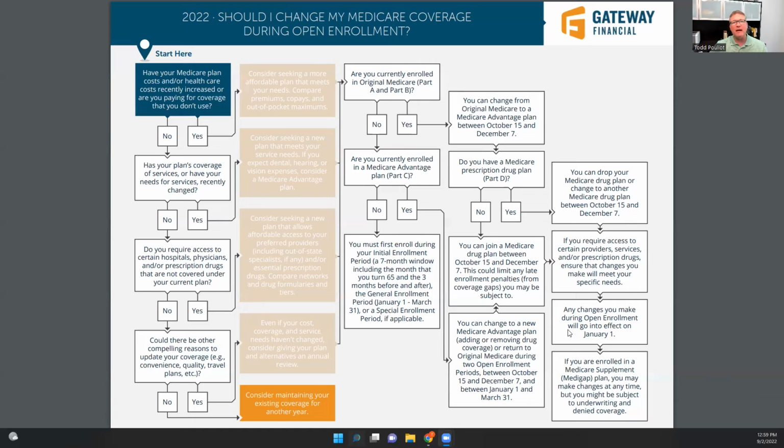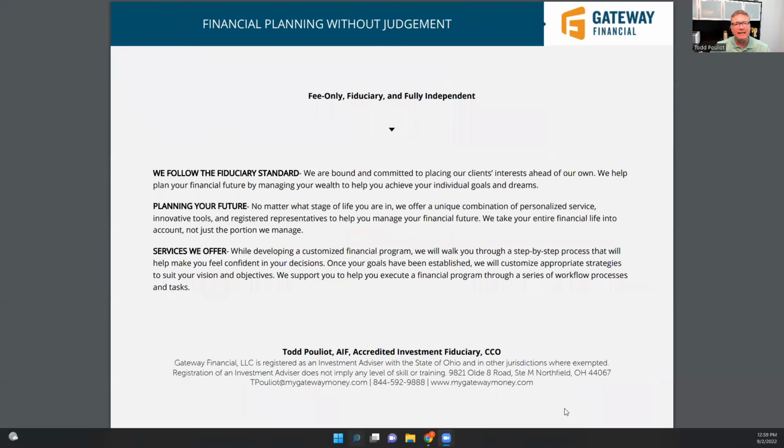Remember, those changes are made, that effect will be on January 1st of the following year. And if you enrolled in Medicare Supplement, which is called Medigap, you may make changes anytime, but you might be subject to underwriting and/or denied coverage. Be cognizant that Medigap is aware of the reason why you're making a change; you might need underwriting and you might be denied coverage because your personal needs have changed.